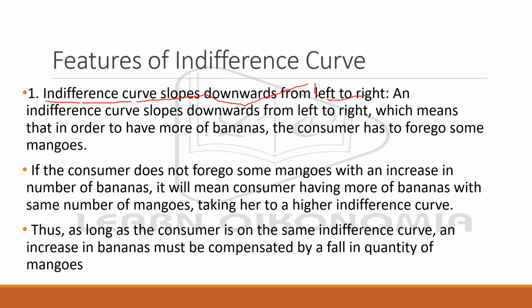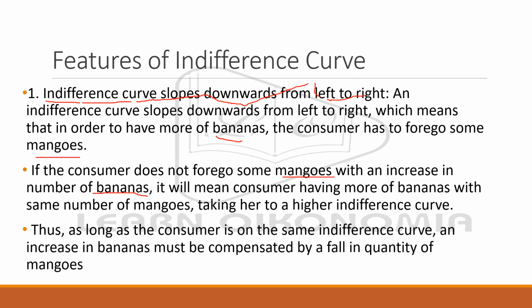If you are given two goods, bananas and mangoes, when you increase the consumption of one commodity, you have to reduce the consumption of the other. You will be forced to do that. If you are increasing the consumption of bananas, you have to forego some units of mangoes, because your income will not allow you to consume more of both commodities.